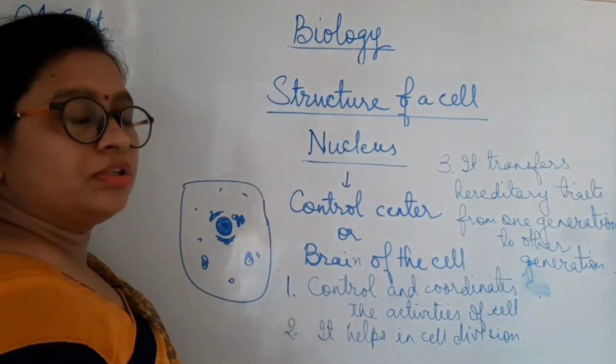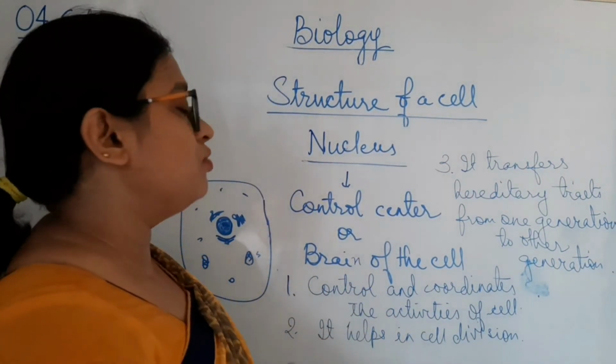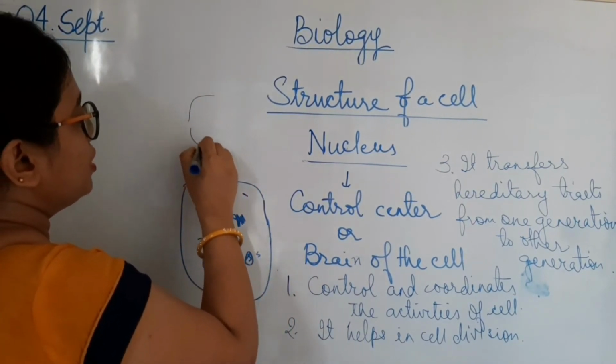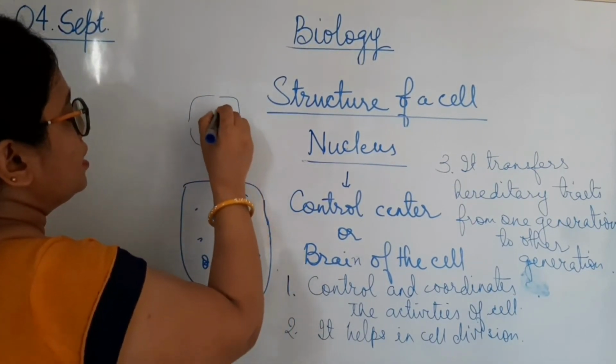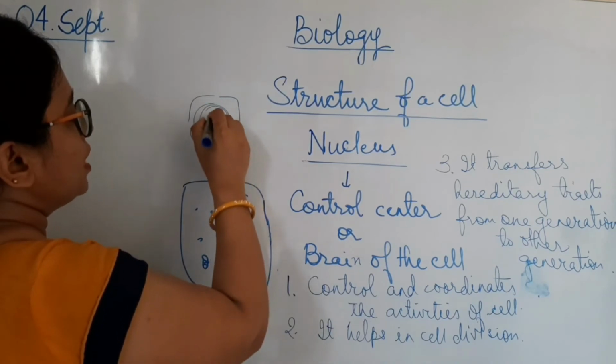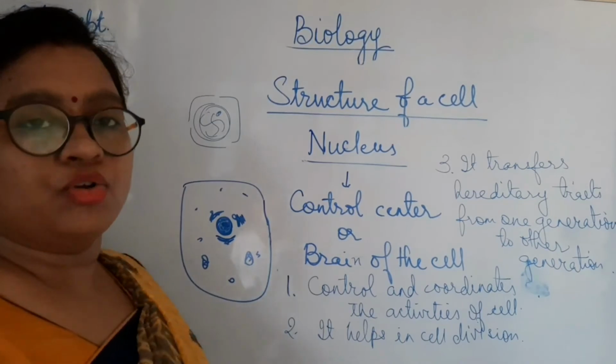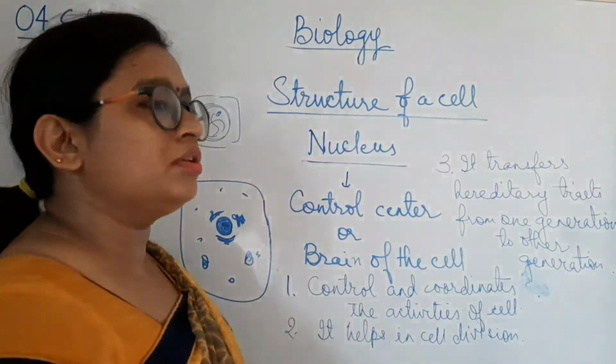So this is all about the nucleus. The nucleus has a nuclear membrane, and inside it is the nucleolus, and in that are thread-like structures called chromatin material.